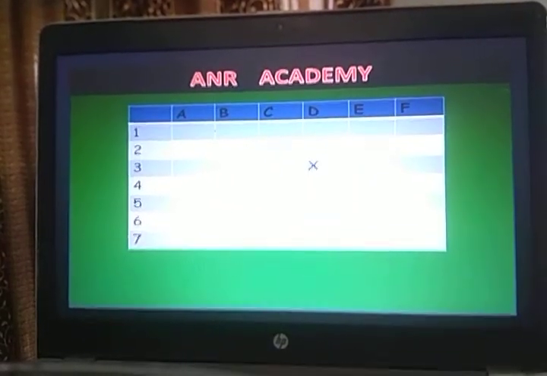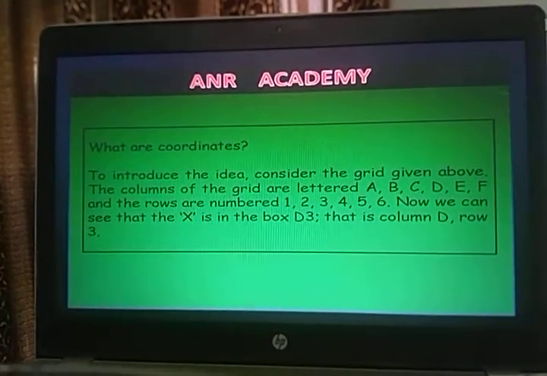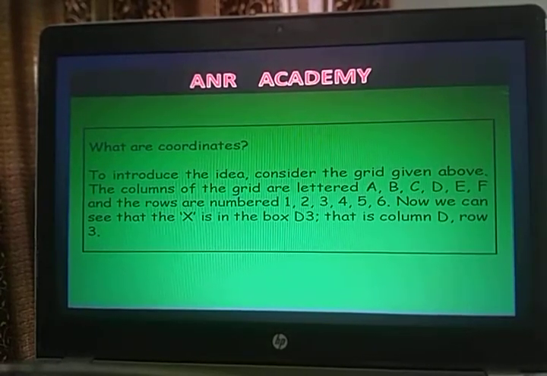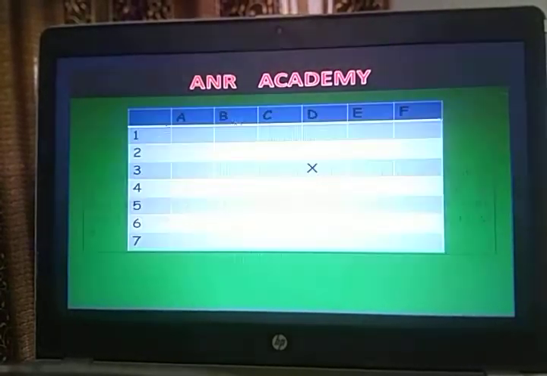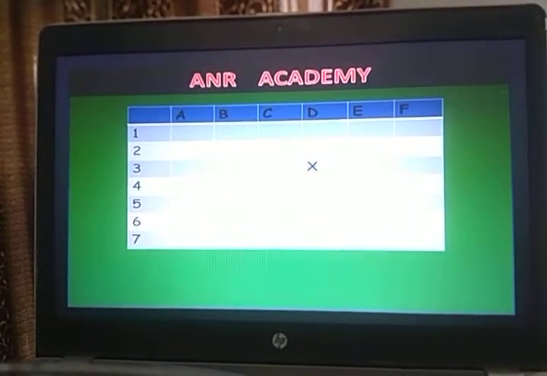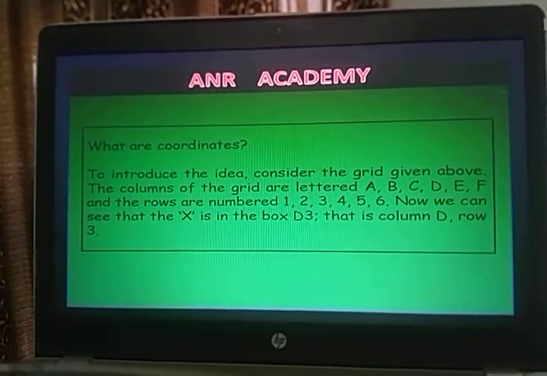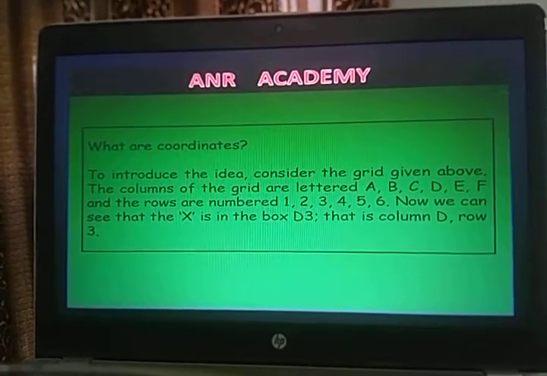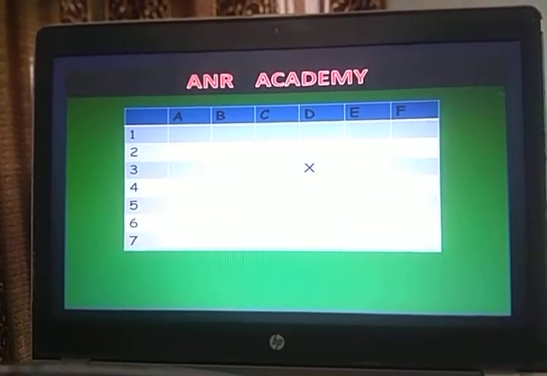In this grid, the columns are lettered A, B, C, D, E, F, and the rows are numbered 1, 2, 3, 4, 5, 6, 7.